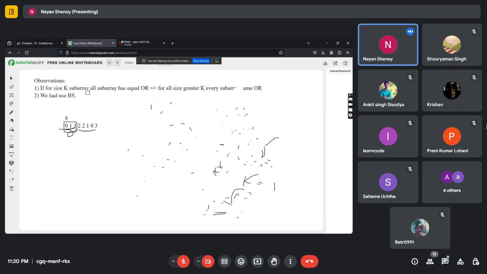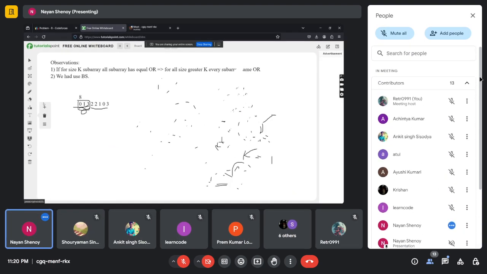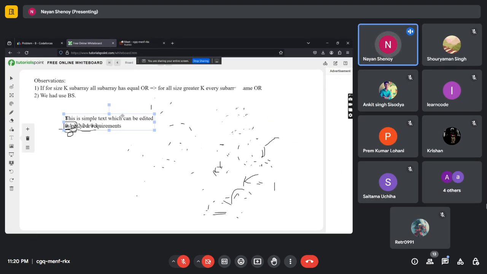Okay. So our third observation was that your elements at max can have 20 bits. Okay. So 20 bits.